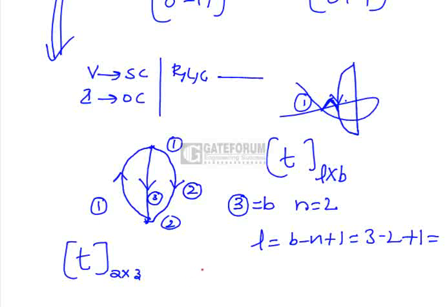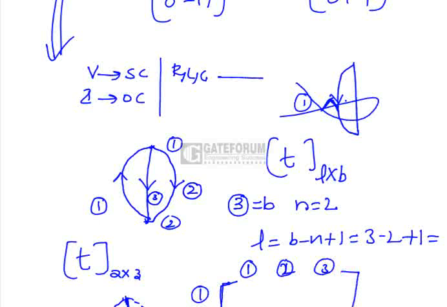Now consider 2 loops here. There are 2 loops, that is 1 and 2, versus branch 1, branch 2 and branch 3.